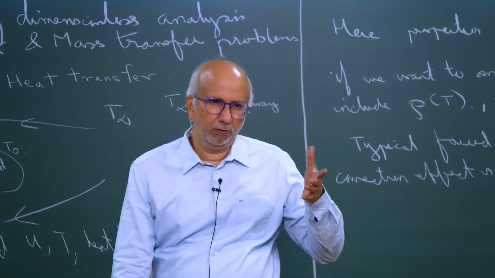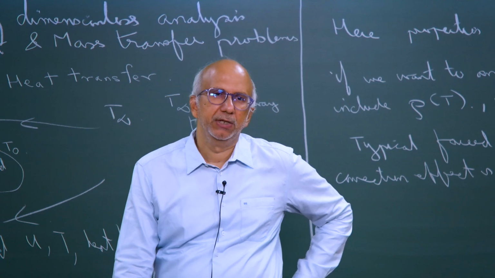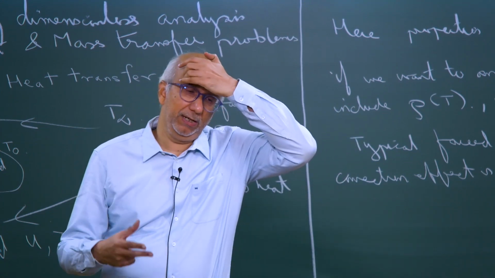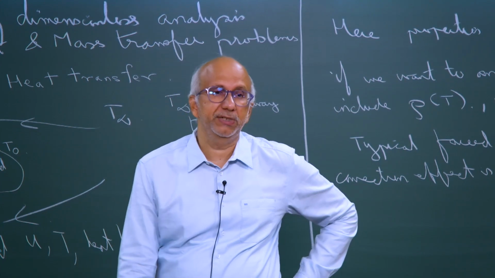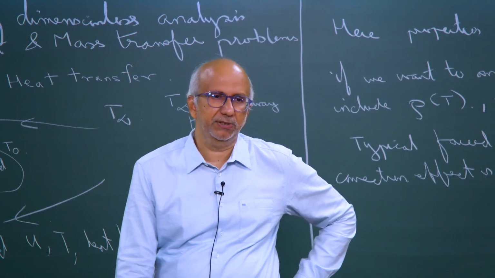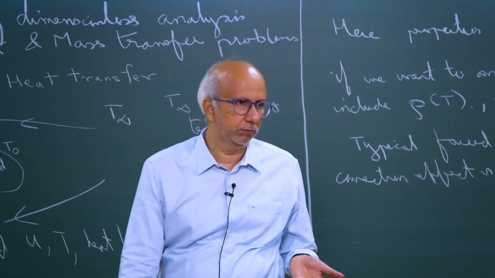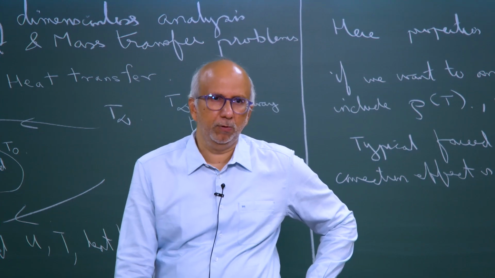Because 400 is a representative average in that particular range, 300 to 500 Kelvin, which is what you are observing experimentally, and you want to see how much is the change. Is the density change 1%, 5%, 10%? If it is changing significantly, then you may want to include it. So, that is the call you have to take. Okay. And then you go about doing the modeling.